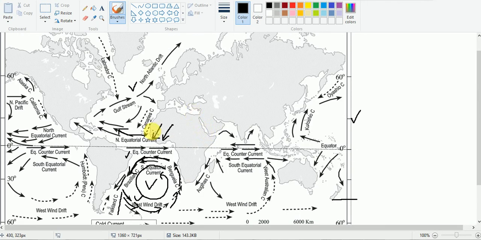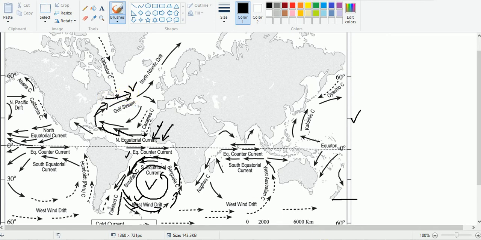And likewise here also, as I told you, due to this northeast trade wind, north equatorial current is generated, and it is turned to the right because of the Coriolis force, as well as the configuration of the coastal areas, and it is again turning to the right due to Coriolis force. And when it reaches the latitudes between 35 and 60, it is under the influence of the westerlies.